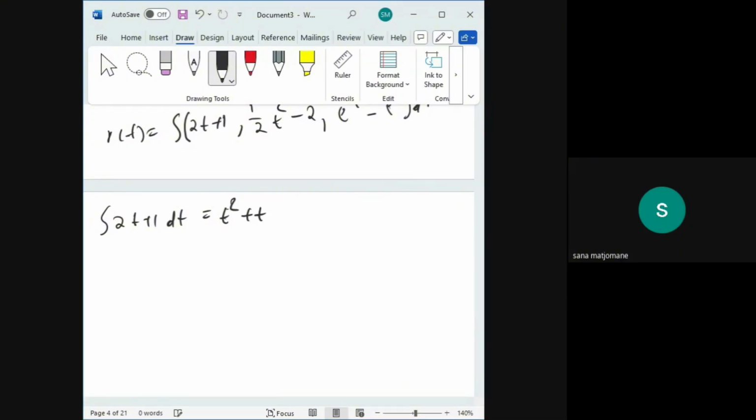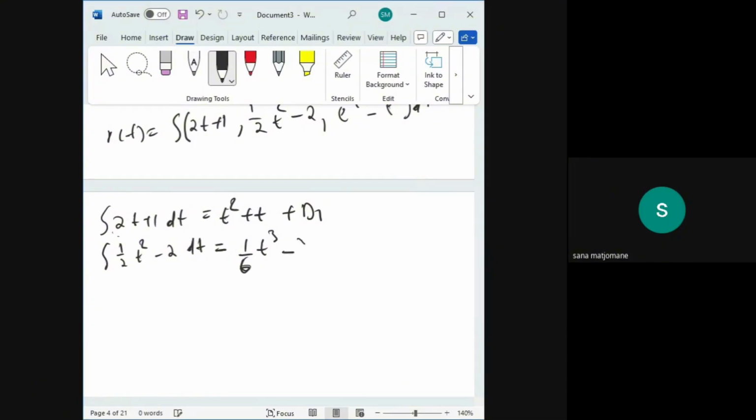I already used c, so these constants I'm going to call d1. And the second component was half t squared minus 2 dt. What's the integration of these? 2 plus 1 is 3. 1 over 3 times 1 over 2 is 1 over 6. So I have 1 over 6 t cubed.